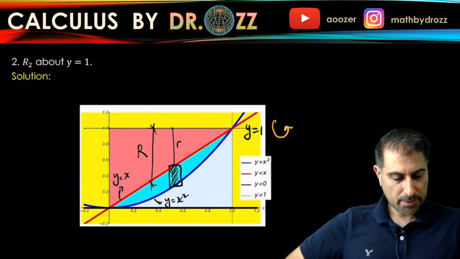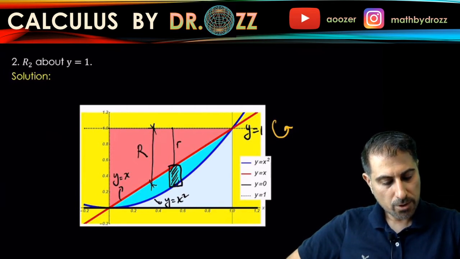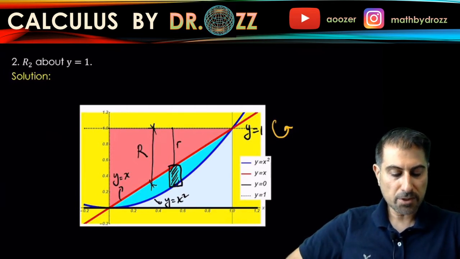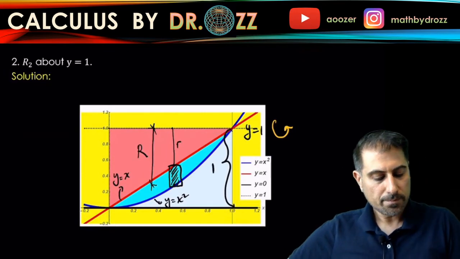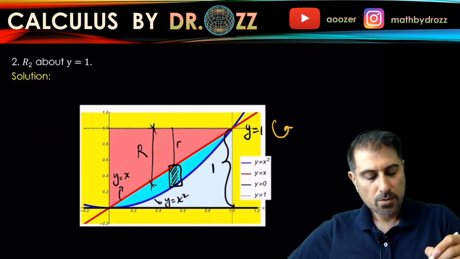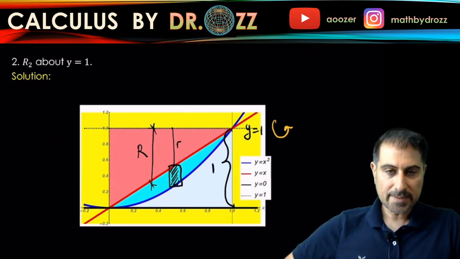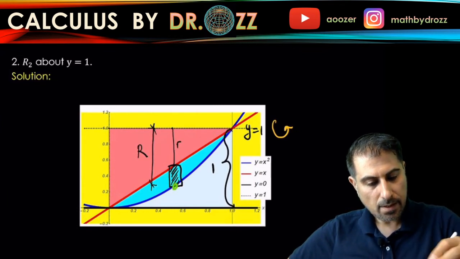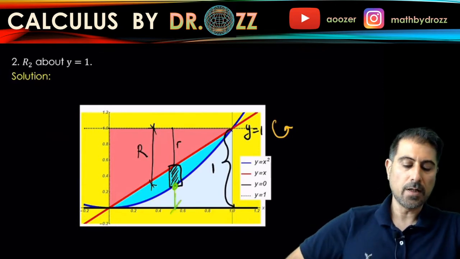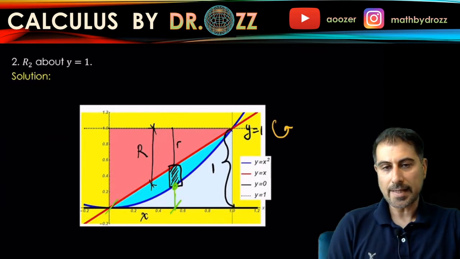So let's see. Well, first off, from here to here, it's always 1 because that's the distance between the y equals 1 line and the x-axis. Okay. So the bottom part of the slice touches the curve. So let's say the distance between the slice and the y-axis is x.